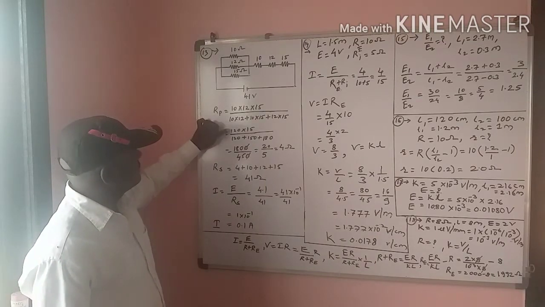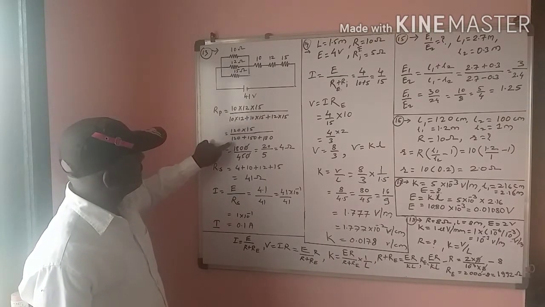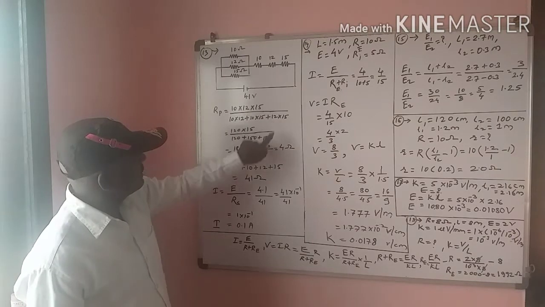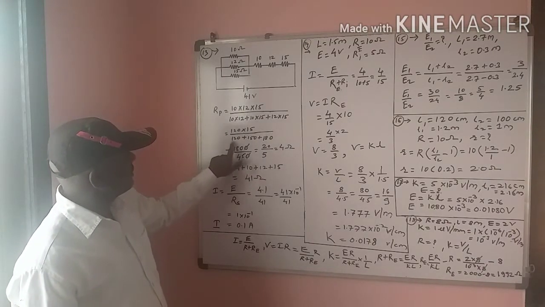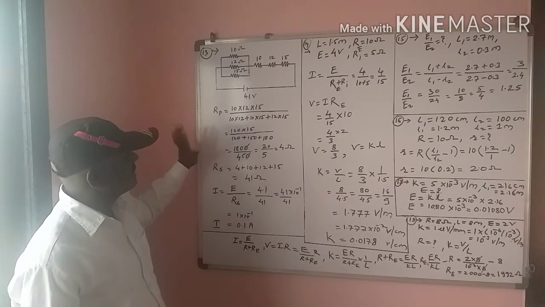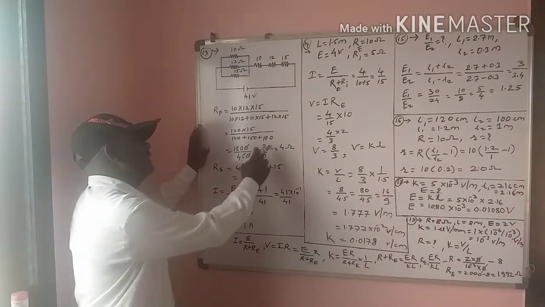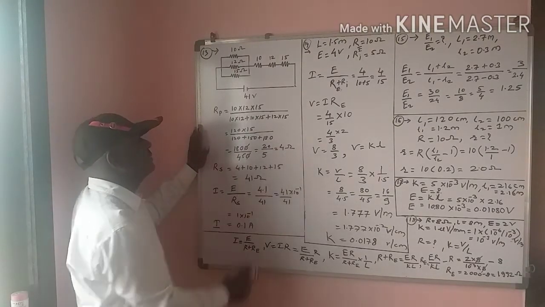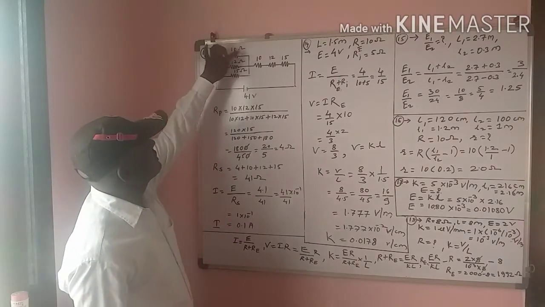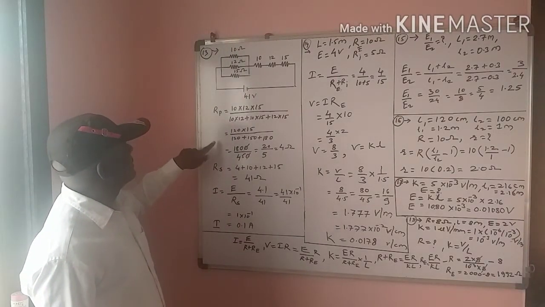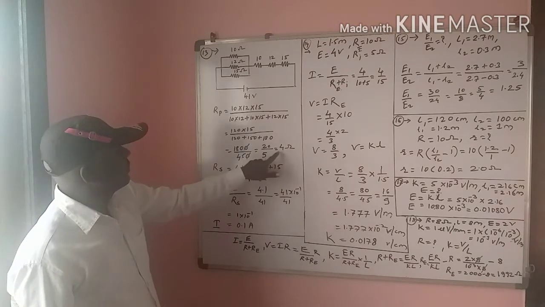The products are 120, 150 and 180. Addition of all these in the denominator is 450 and in the numerator the multiplication is 1800. 1800 by 450, we get 4 ohm. The effective resistance of all these parallel resistances is 4 ohm.